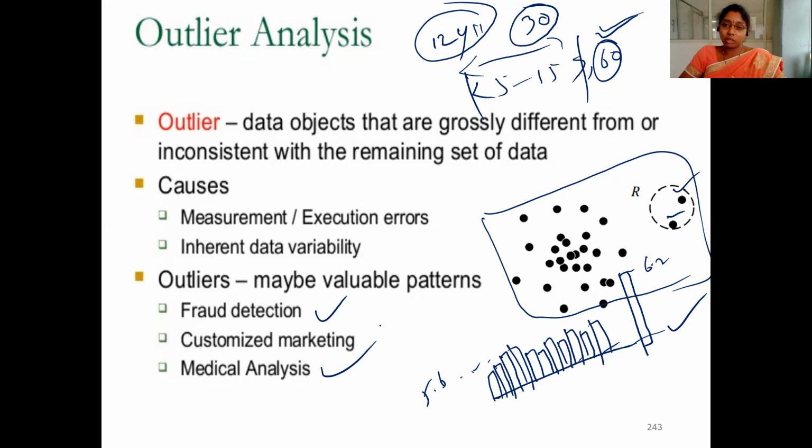Coming to fraud detection, how can outlier analysis be helpful? Any guess? Just apply some common sense, you can get it, I think.